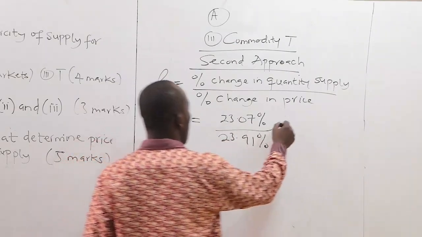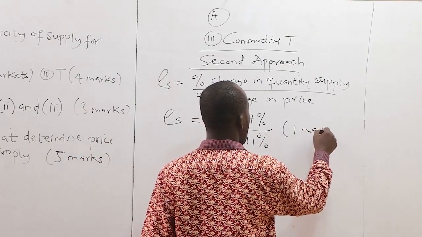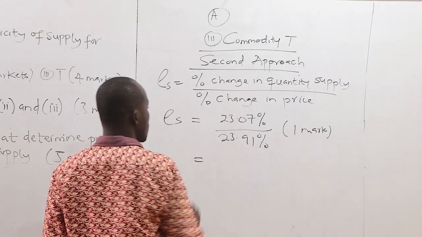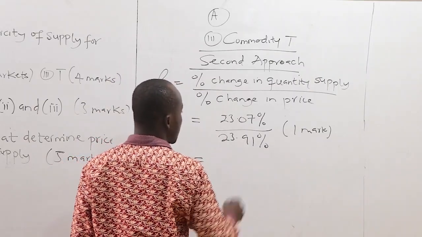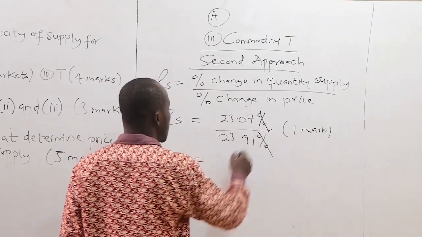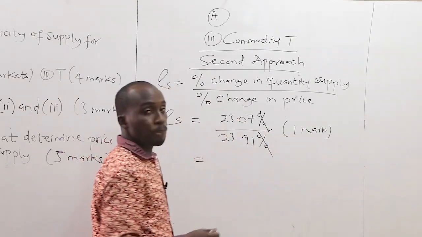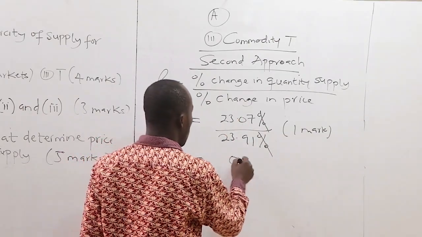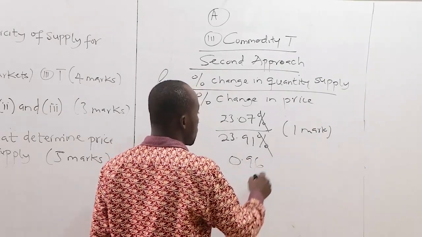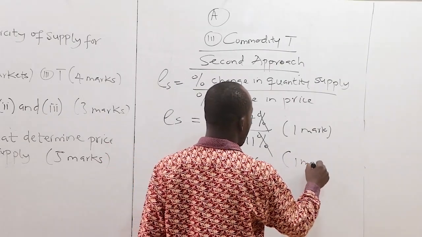If you do this, you're going to get 1 mark. You can cancel the percentage and use a calculator to punch. And when you punch, you're going to get 0.96. That is also going to give you 1 mark.